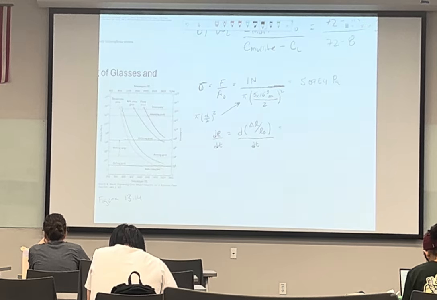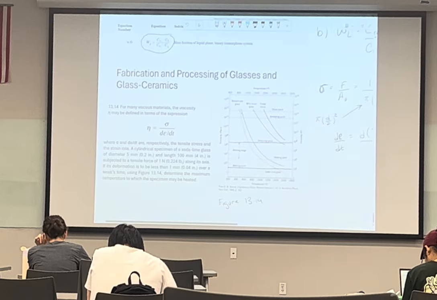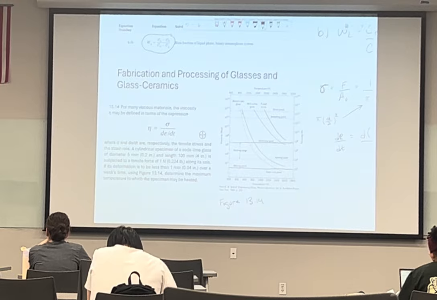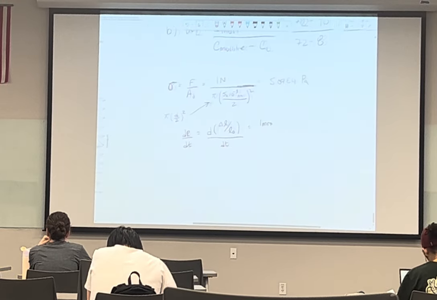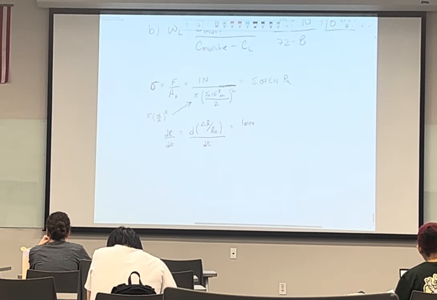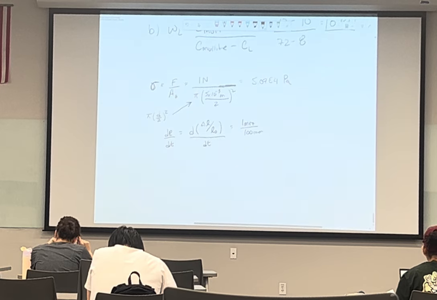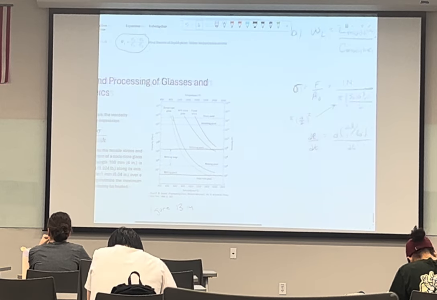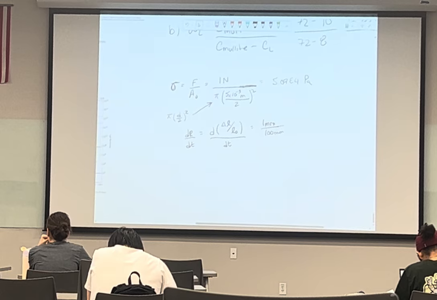So now if we plug all that in, and this first part is from information given in the problem: the deformation has to be less than a millimeter over a week's time. So we have 1 millimeter divided by 100 millimeters. They told us 100 millimeters was the overall length. That's why we had that there.